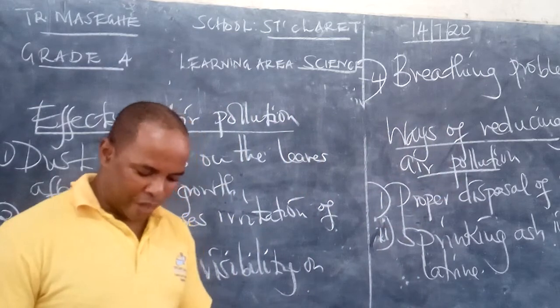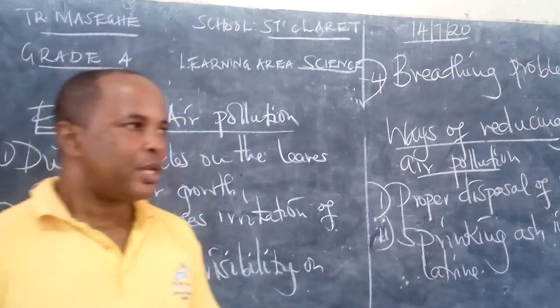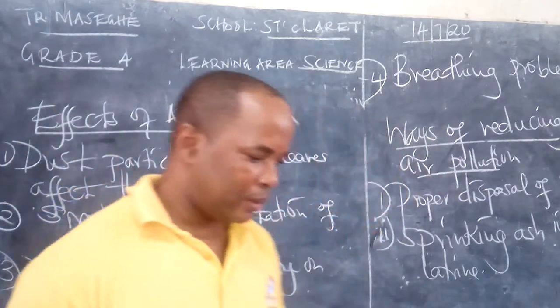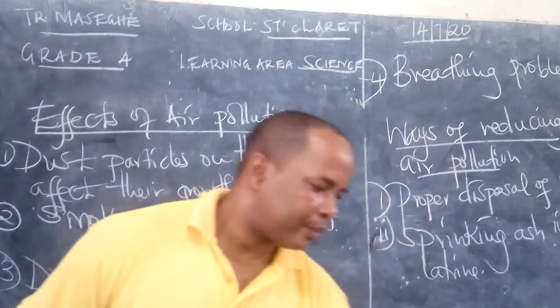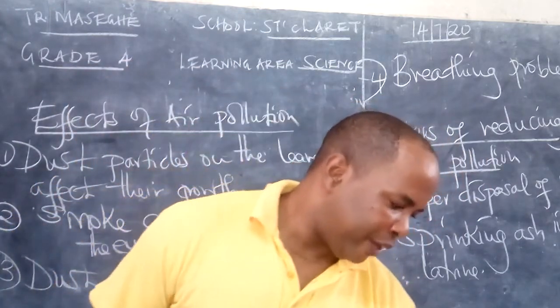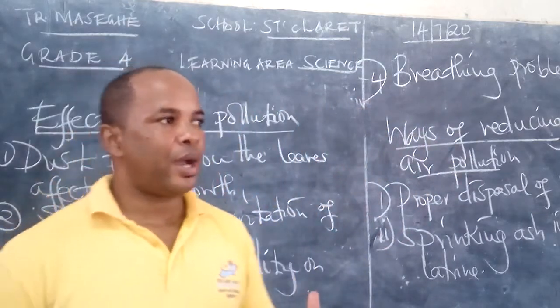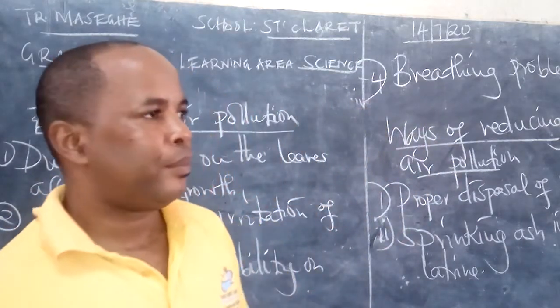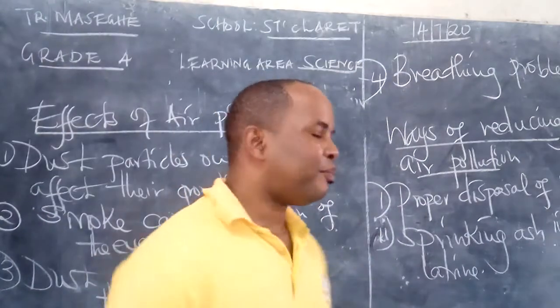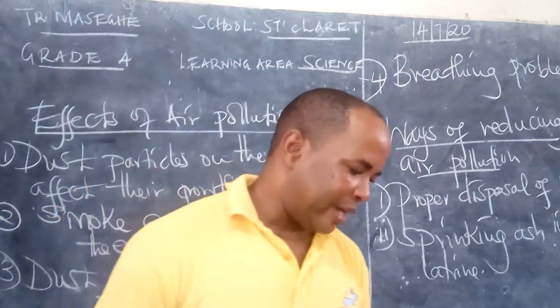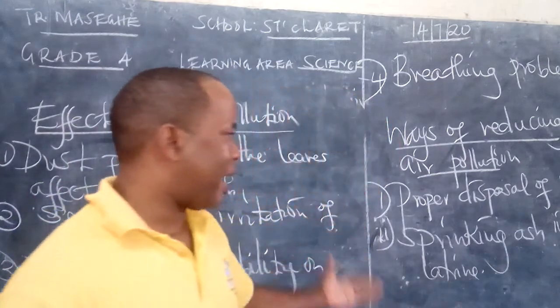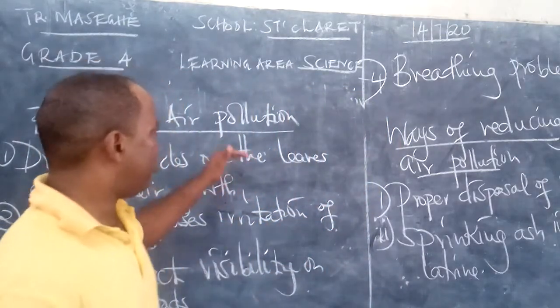Therefore, I would like you to do the following. In our next lesson, we shall continue to see the various other types of pollution, and try to explain further how we can overcome this problem of pollution.